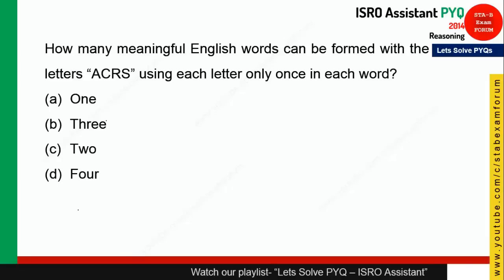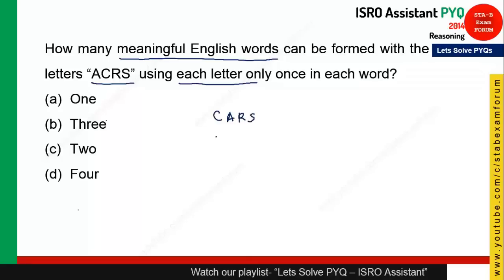Yes, time's up. Student, the question says, how many meaningful words can be formed using letters A, C, R, S, using each letter once in each word? So you need to form meaningful English words. The first meaningful word that can be formed from these letters will be cars.